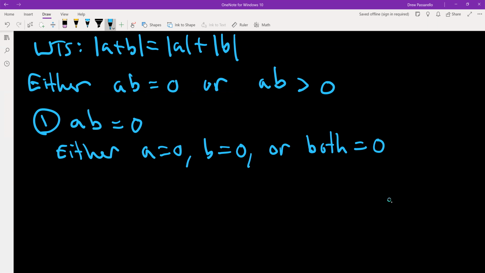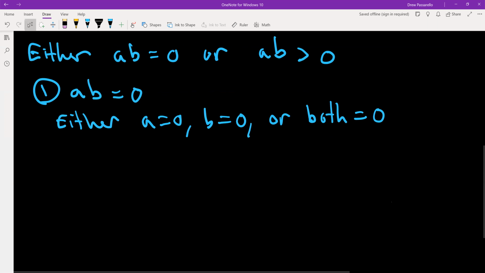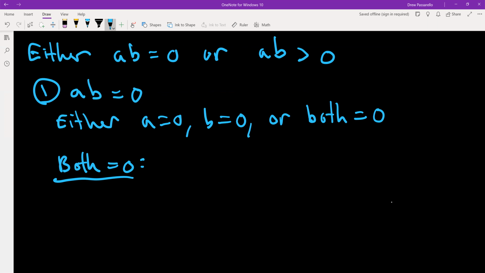So I'll do the case when both of them are 0. So we have a is equal to 0, b is equal to 0.